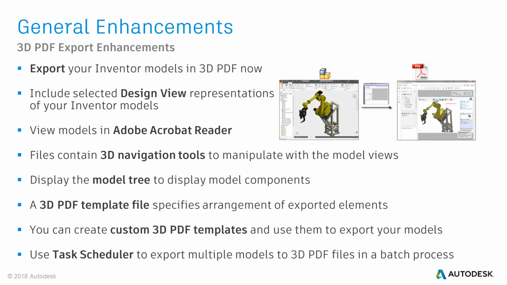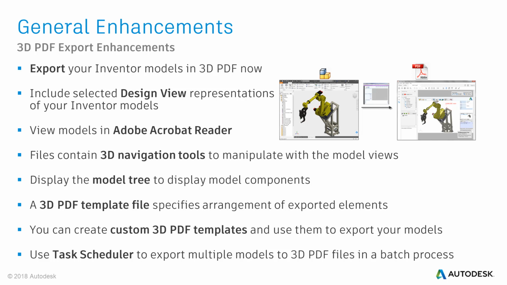Let's get started with general enhancements in Inventor 2017. You can export your models in a 3D PDF file now. When you export an Inventor model, design view representations are converted to model views and placed in the 3D PDF file. Published 3D PDF files are viewed in the free Adobe Acrobat Reader.